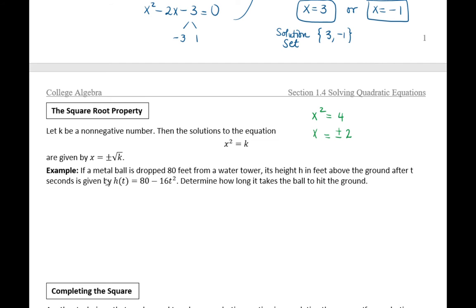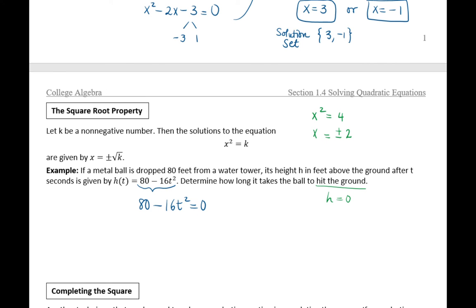It says if a metal ball is dropped 80 feet from a water tower, its height after t seconds is given by this formula, 80 minus 16t squared, and it asks how long it takes the ball to hit the ground. Hitting the ground means the height will be simply 0. So you need to set this h function equal to 0. So I have 80 minus 16t squared equals 0.